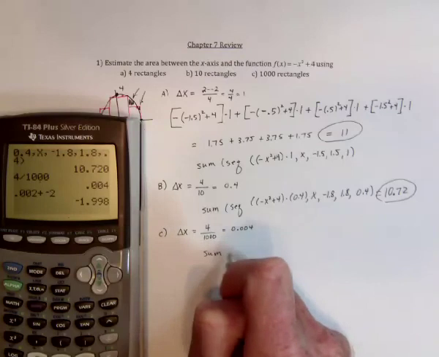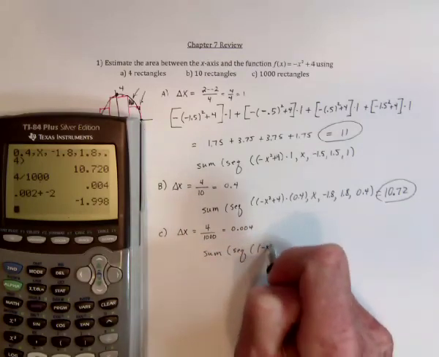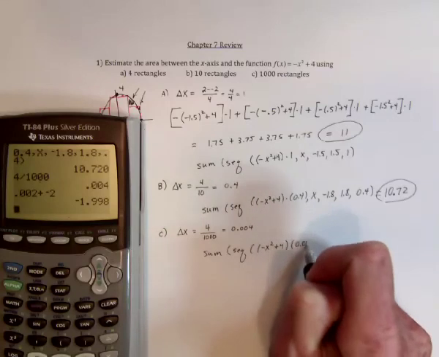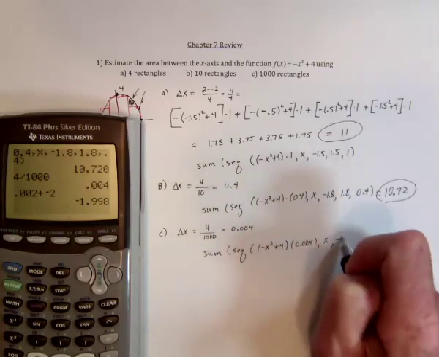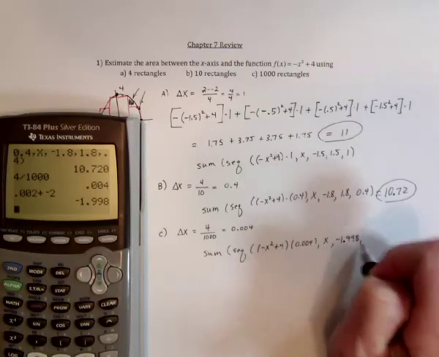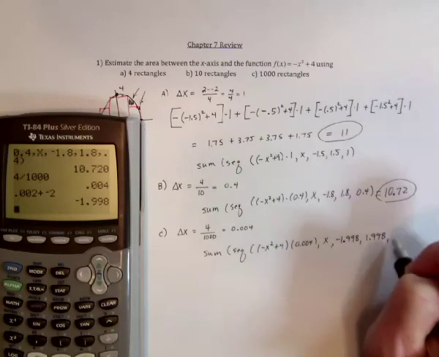So we've got the sum of the sequence. Here's the height of each rectangle, here's the width of each rectangle, and x is going to go from negative 1.998 to, by symmetry, positive 1.998.